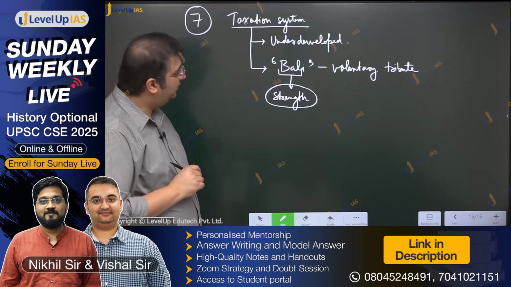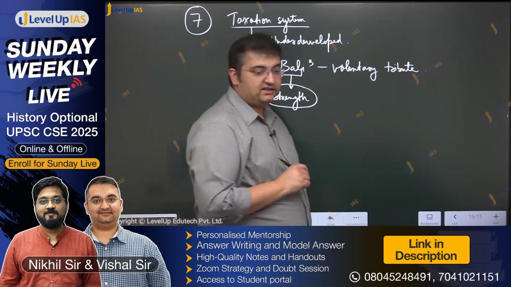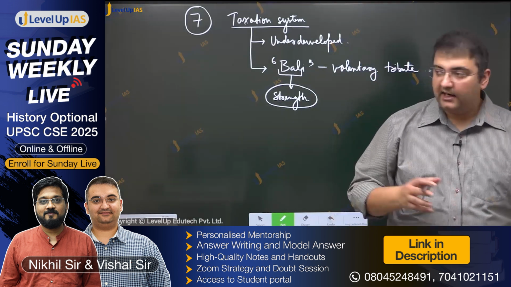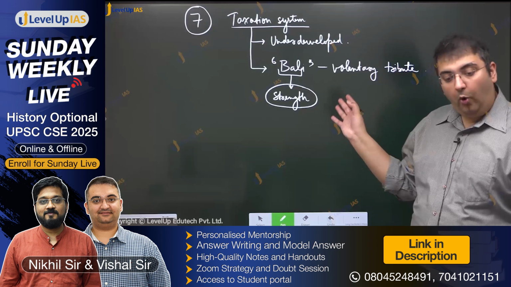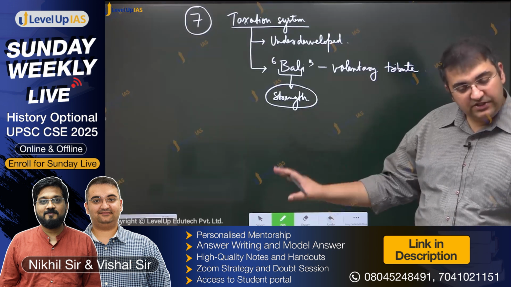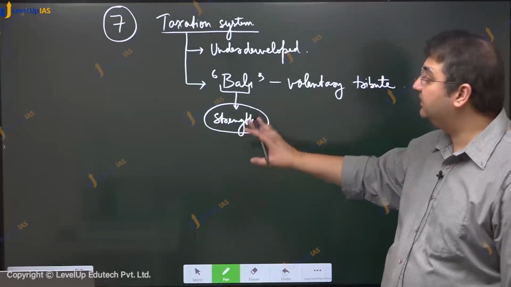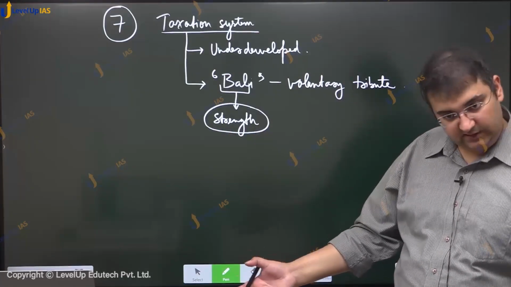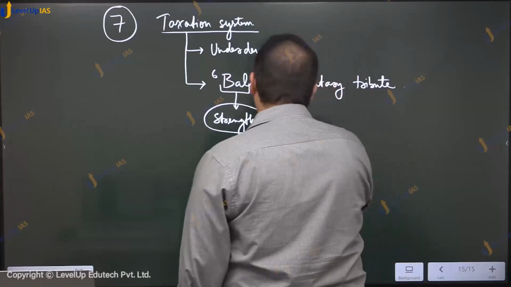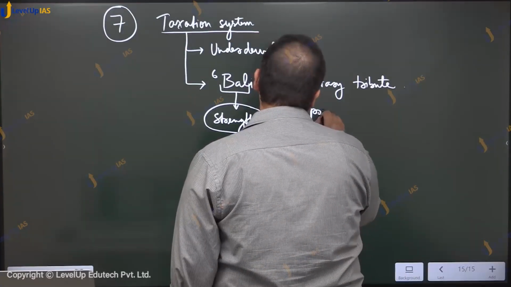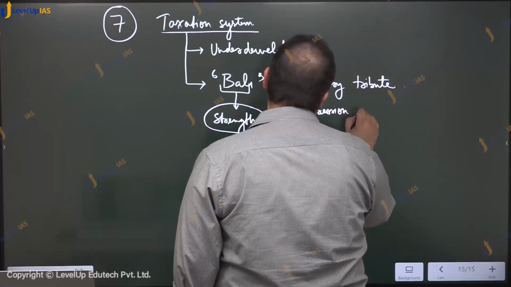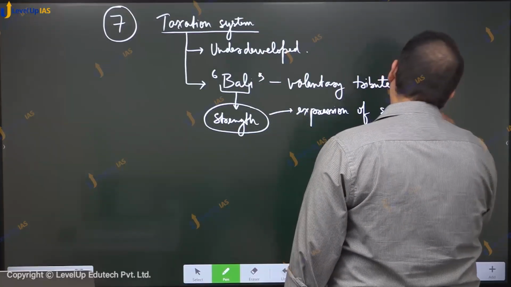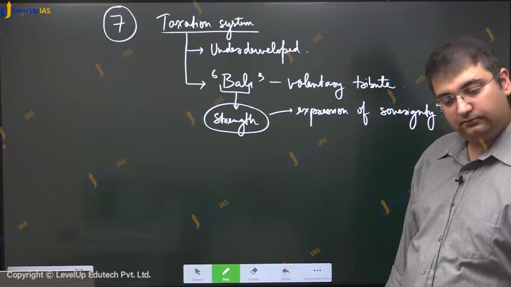Right? So, इसका justification क्या था for levying Bali or for collecting Bali? That the people owe their loyalty to the chief because he is their chief, because he is the strongest, because he is going to protect them against outsiders. Okay? So it was an expression of sovereignty. All right.